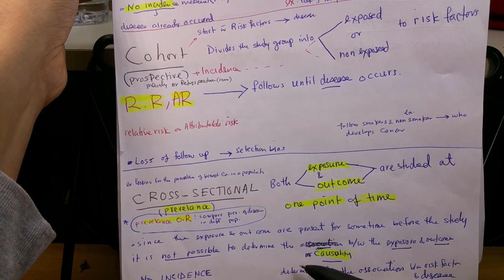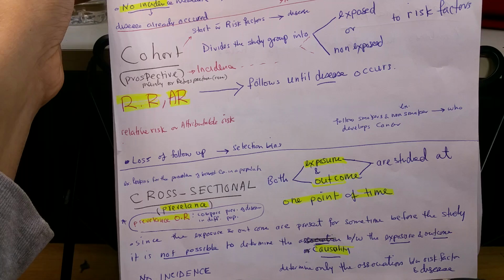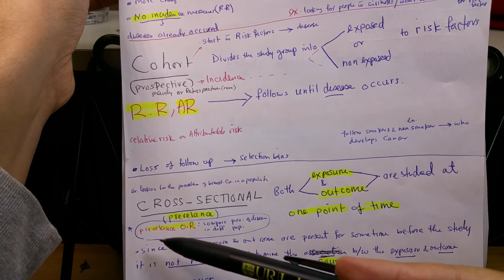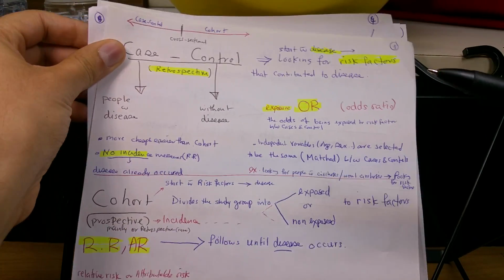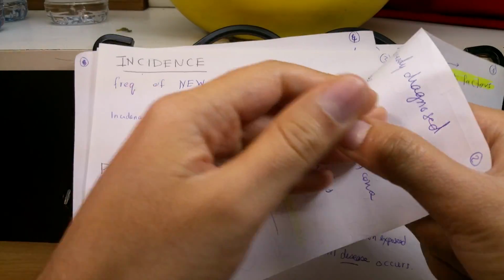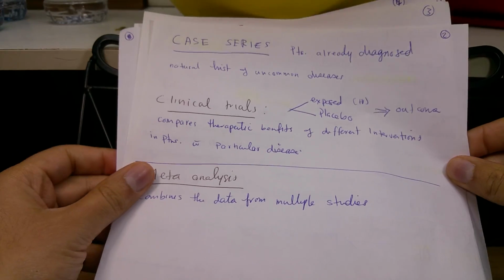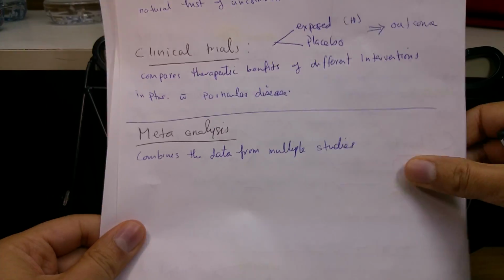It looks only for the association between the risk factor and the disease, but not the cause, and there is no incidence. One thing to note is the prevalence odds ratio. We said that we have case series, clinical trials and meta-analysis.